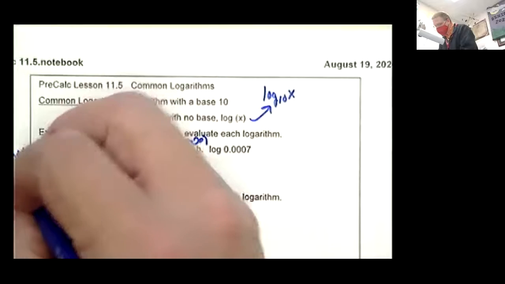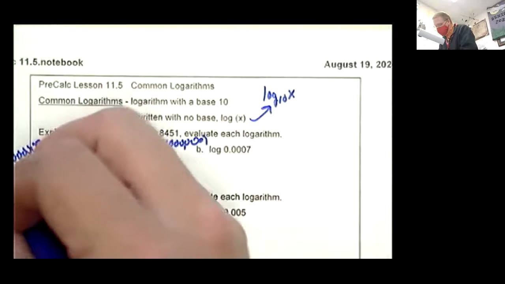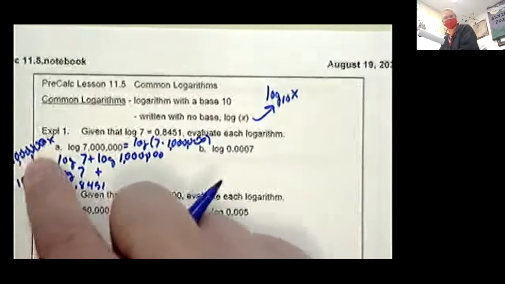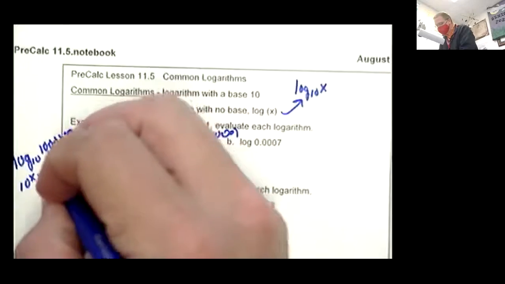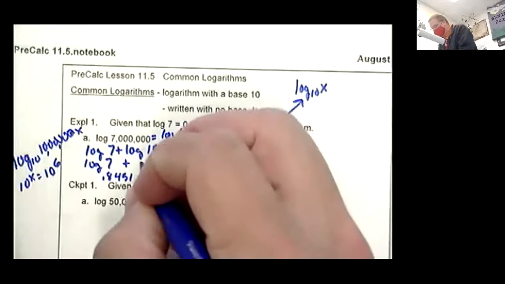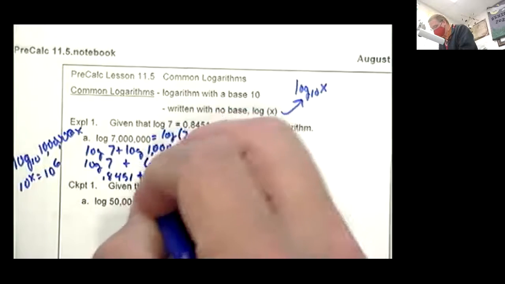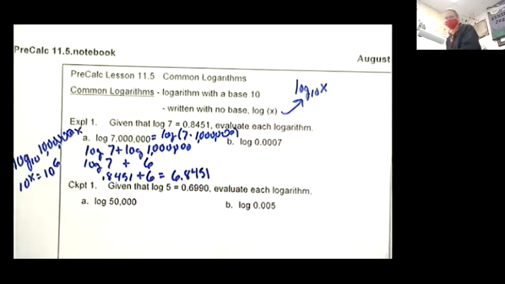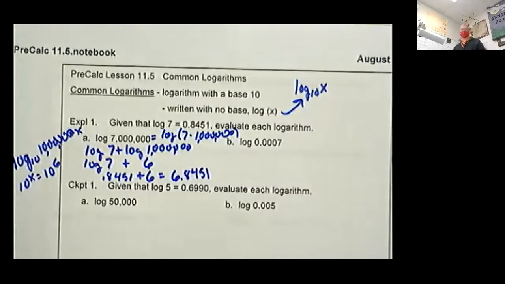That's 10 to the x is equal to 10 to the what power? Well, there are 6 zeros, so that's 10 to the 6th. Therefore, x equals 6. So that's plus just good old 6. Therefore, our answer is 6.8451. So that's how they calculated big values back before there were calculators.